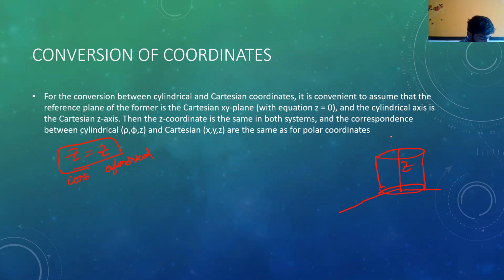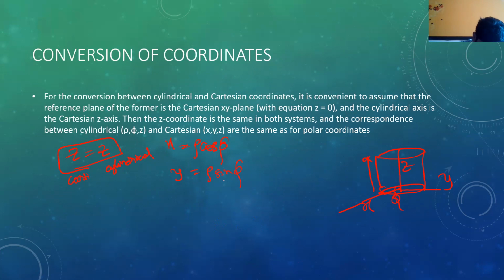Let us say x is rho times cos phi. As we can see, the angle phi is defined here. x is rho cos phi, and similarly, y can be defined as rho sine phi.